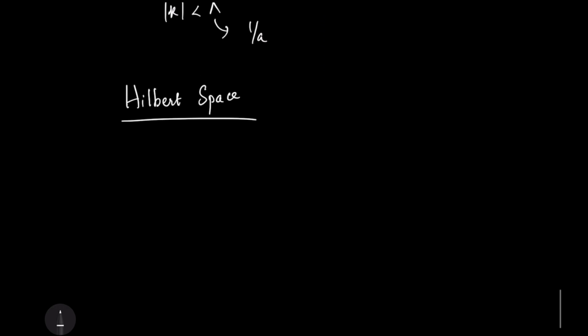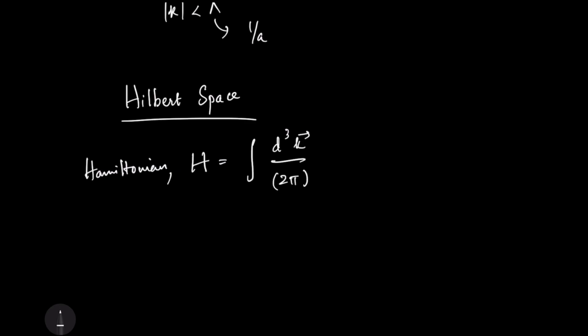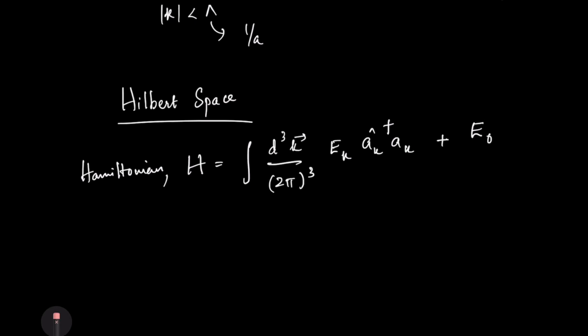So we have seen that the Hamiltonian is given by the integral of d cube k by 2 pi cube, omega k, a_k dagger a_k, plus the zero point energy.